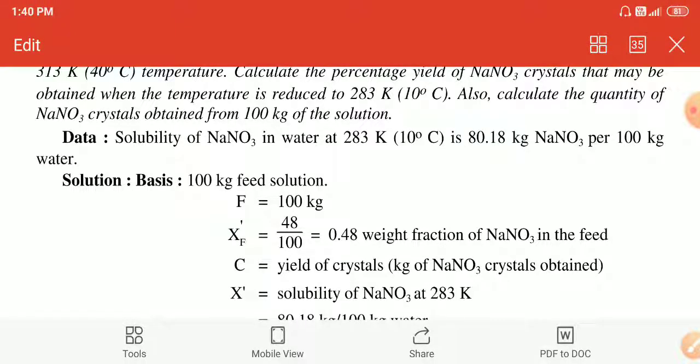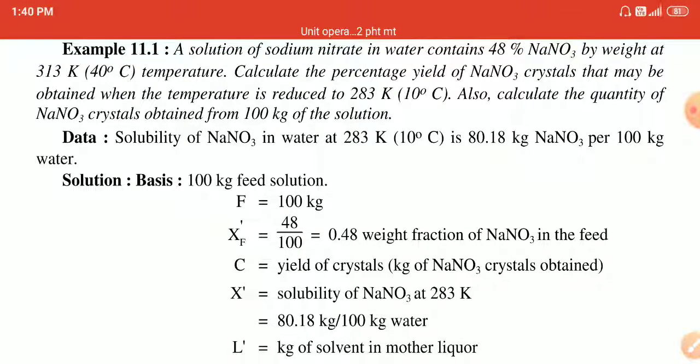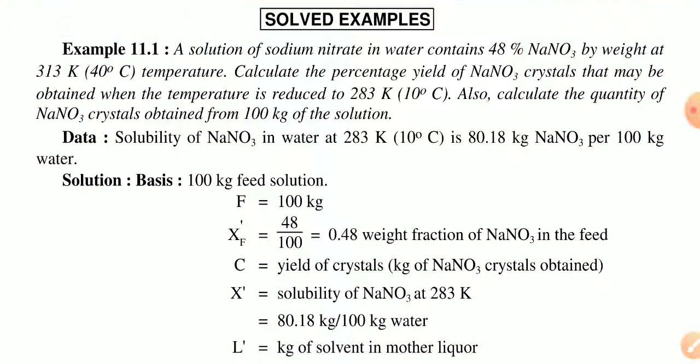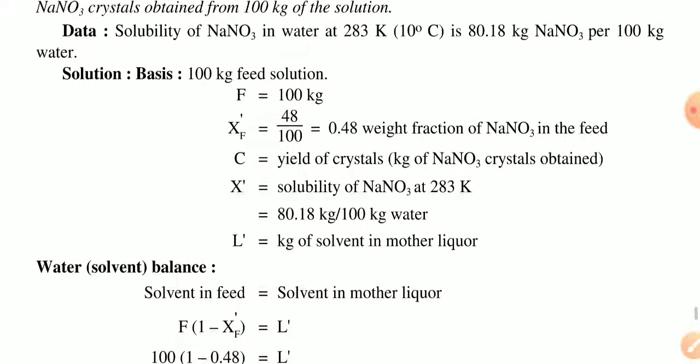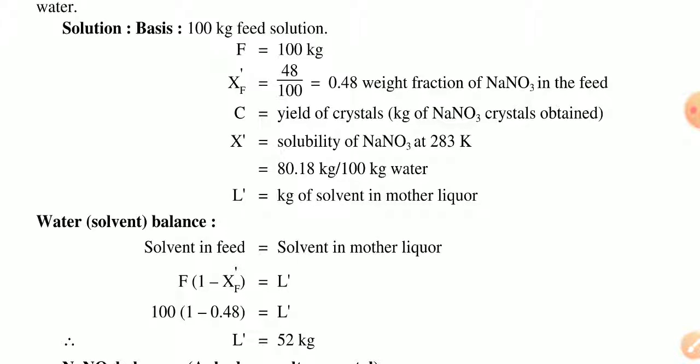On this basis, the solubility of NaNO3 in water at 283 Kelvin is 80.18 kg NaNO3 per 100 kg water. The solution basis is 100 kg feed solution, so F is equal to 100 kg, and X dash F is equal to 48 by 100, which is 0.48 weight fraction of NaNO3 in the feed.